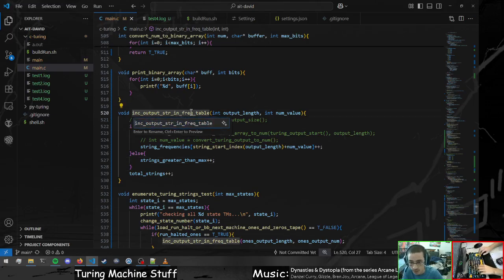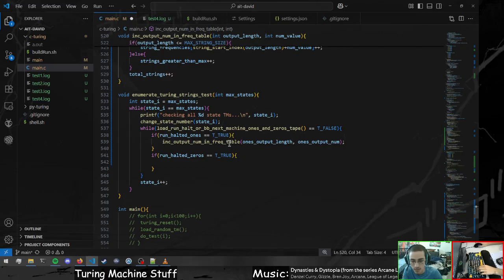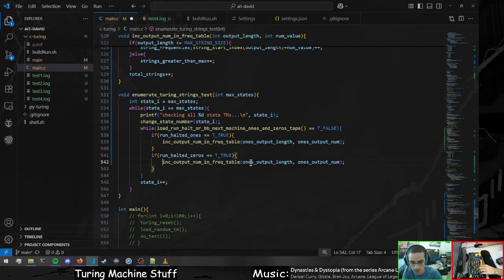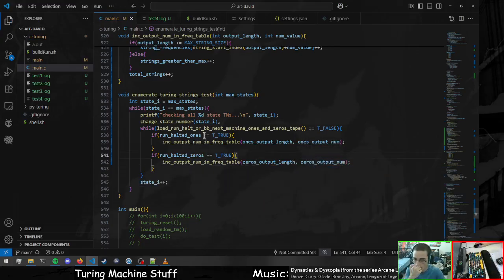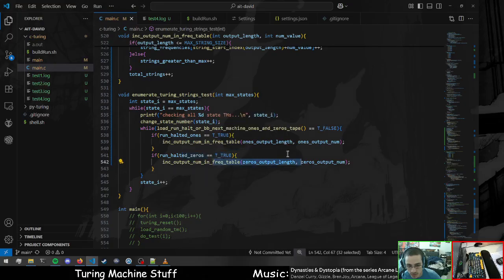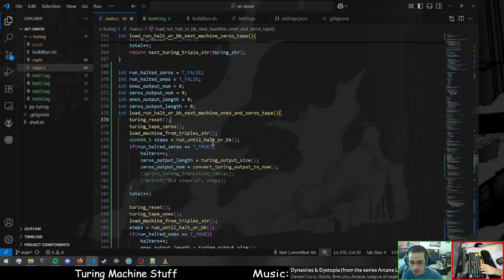I think I'm gonna call this num, just to make it a thing. So this is gonna be the ones, this is gonna be the zeros. Okay, so zeros. 1 0. So if it halted, we're adding it. If the zeros halted, we're adding it. Okay, and right here, let's triply make sure we do this.